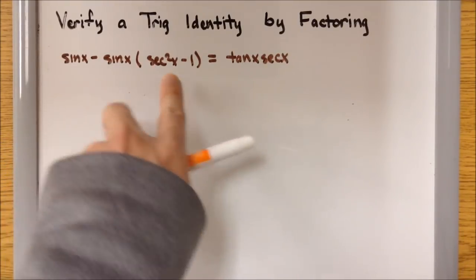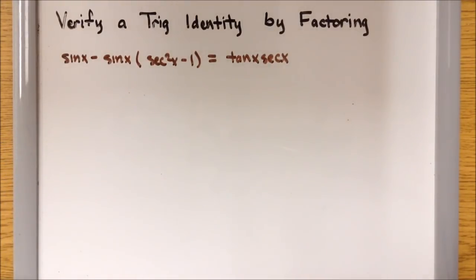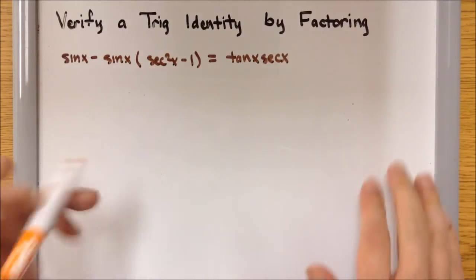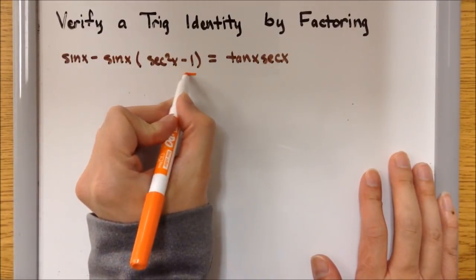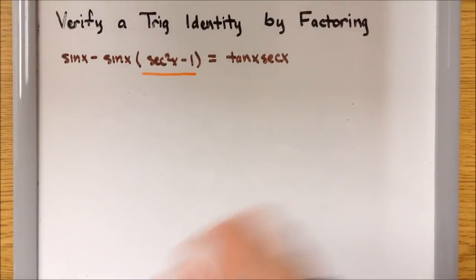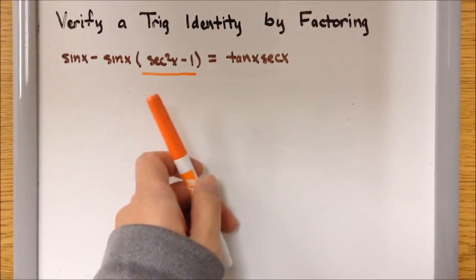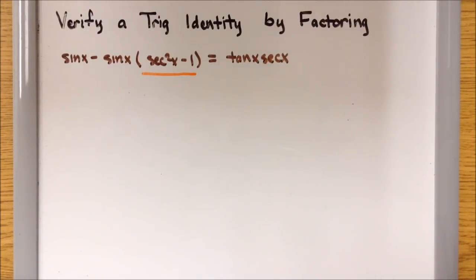Even though we are verifying a trig identity by factoring, before I could do anything, to make our work easier, I'm going to take a look at what's inside the parenthesis. I see that there's two parts, secant square of x minus 1, and I see that the secant is squared and there's a 1. So that means we could maybe apply a trig identity.